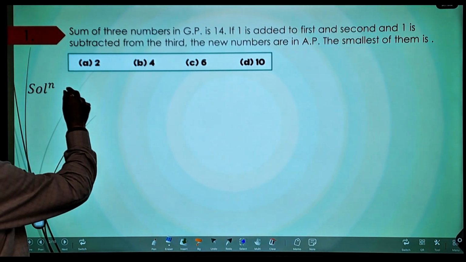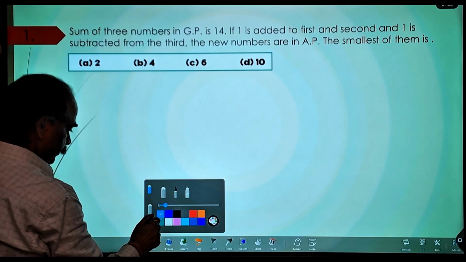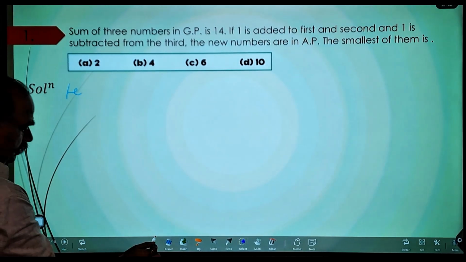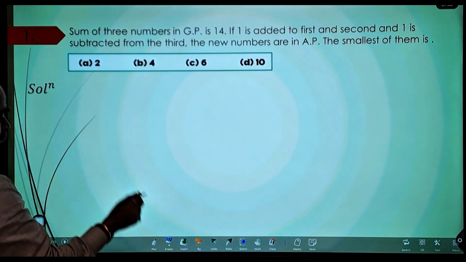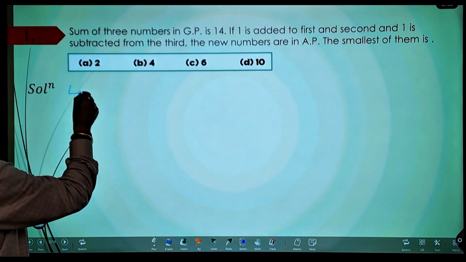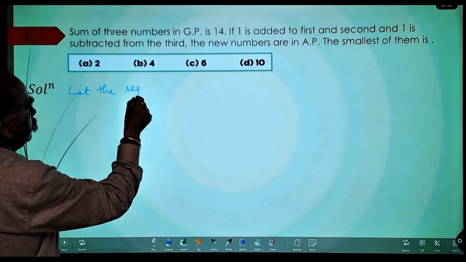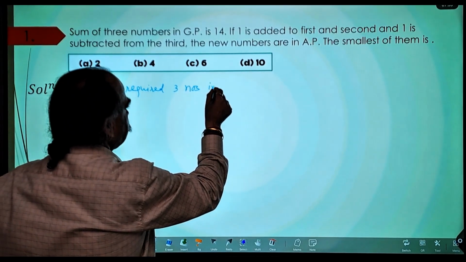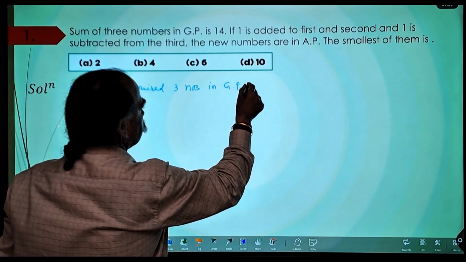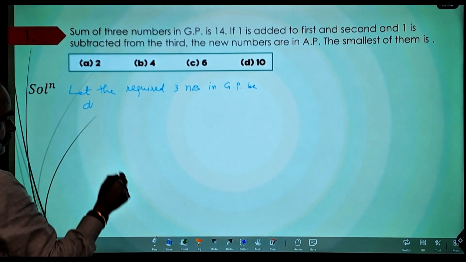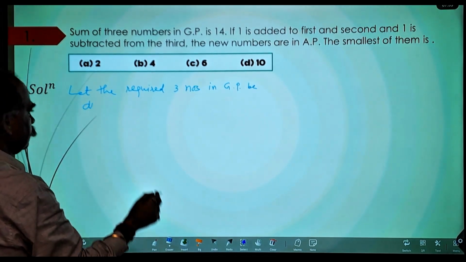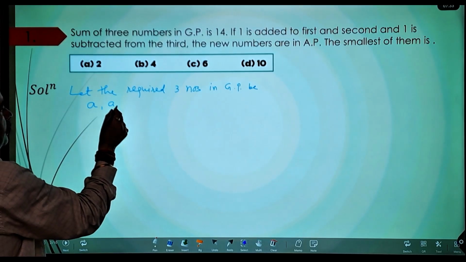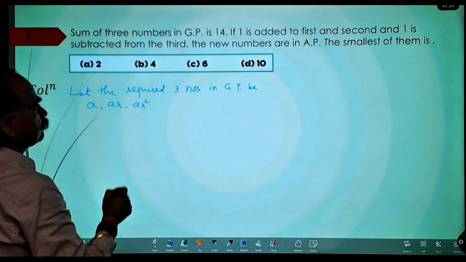Let the required three numbers in GP be A, AR, AR square.